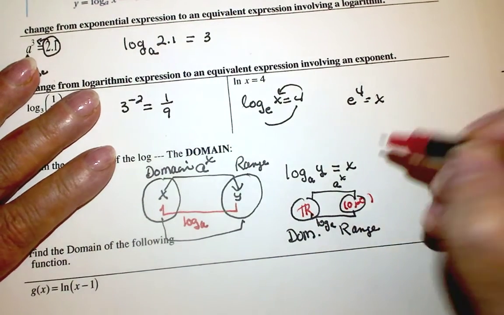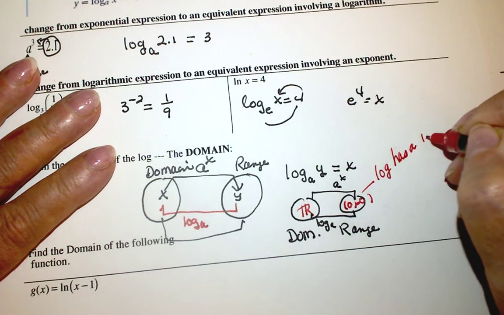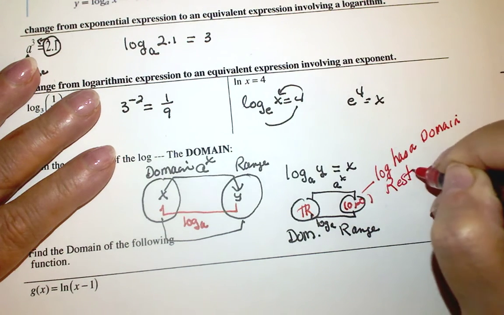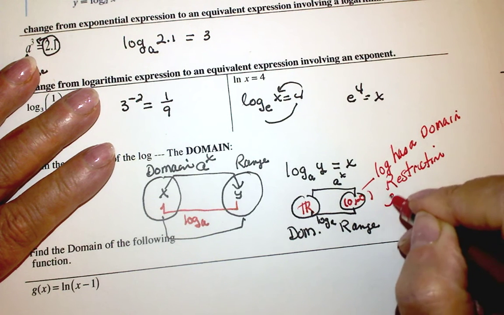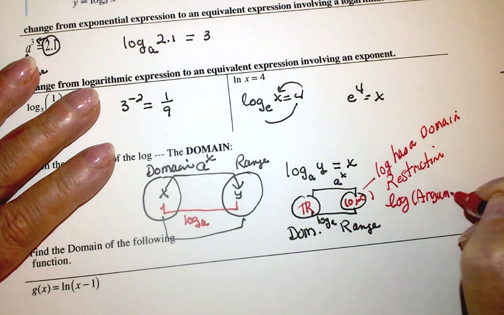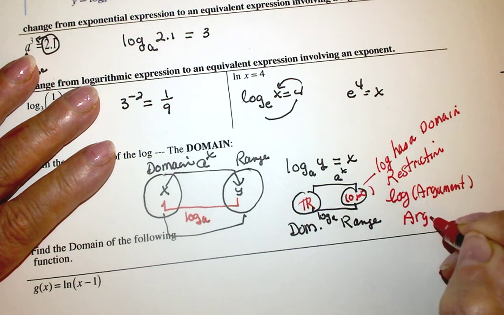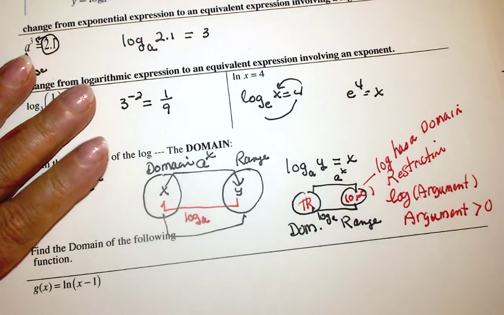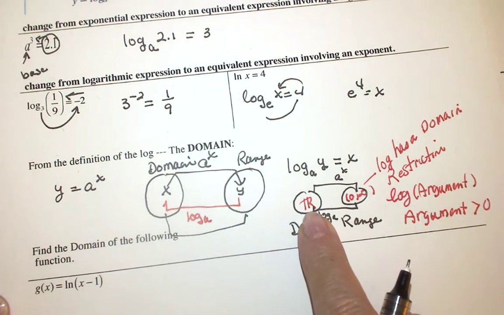So that means that the log has a domain restriction. That restriction is that what you're taking the log of, which we called the argument, must be greater than 0. Because you're pulling numbers that are greater than 0, taking it back to all real numbers.